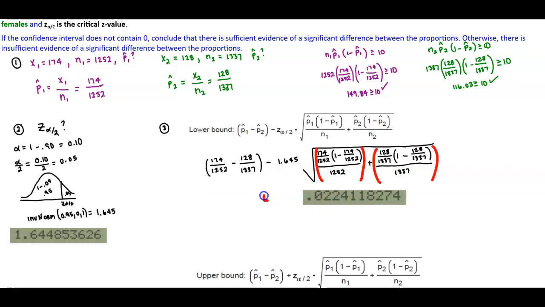So we can say that the lower bound is going to give us the following result, and if we round that to 3 decimal places, we get 0.022.